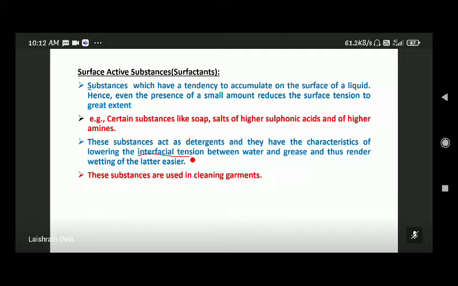As a result of this inward pull on all the molecules lying at the surface, the surface behaves as if it were under tension, like a stretched membrane.